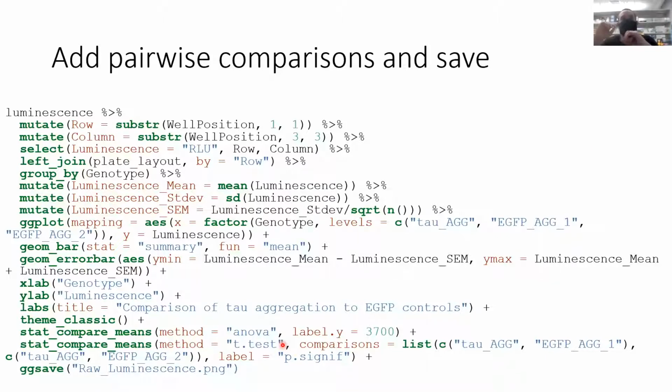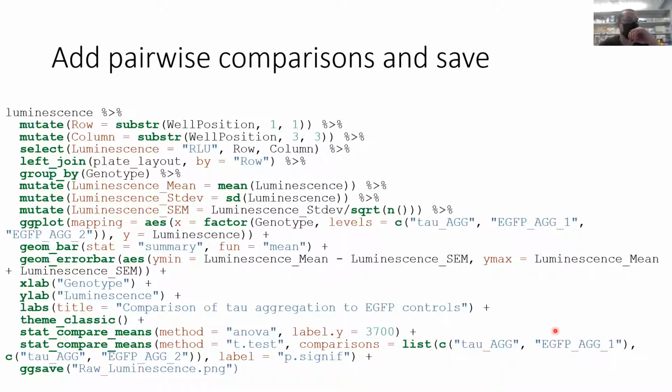But for the sake of simplicity and just showing you that you can do an ANOVA without diving too deep down the rabbit hole, I did post hoc t-tests, knowing full well that this is not what you should do mathematically. But, and this will answer Mustafa's question also for how you add more comparisons, I have another stat compare means, this one using t-tests, and my comparisons here is a list of 2 vectors now.